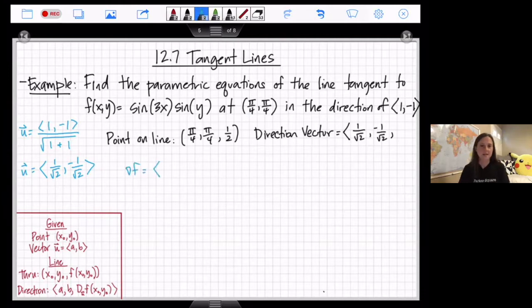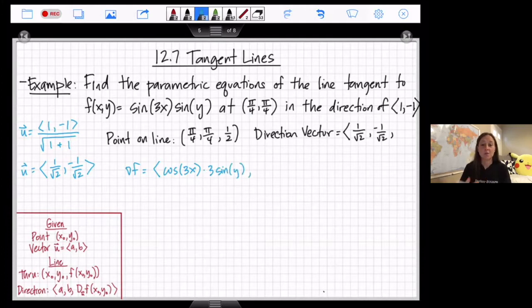All right, so gradient is made up of the partial with respect to x. So partial with respect to x, we're going to take the derivative of sine 3x, which is cosine 3x, times the derivative of the inside function, chain rule, we need a 3. And then times sine y, that's just a constant, that's just going to go along for the ride with respect to x. And then we do the same thing with respect to y for the gradient.